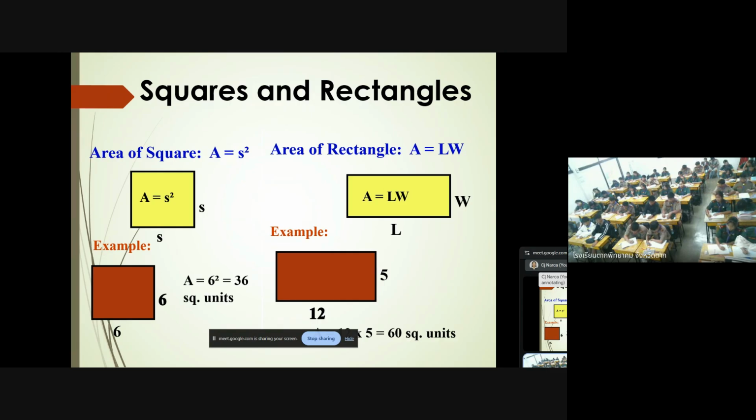Okay, finish? Just copy the formula. No need to copy the example. Formula only. This is only a recall of the basics on how to identify the area of square, rectangle, and triangle.